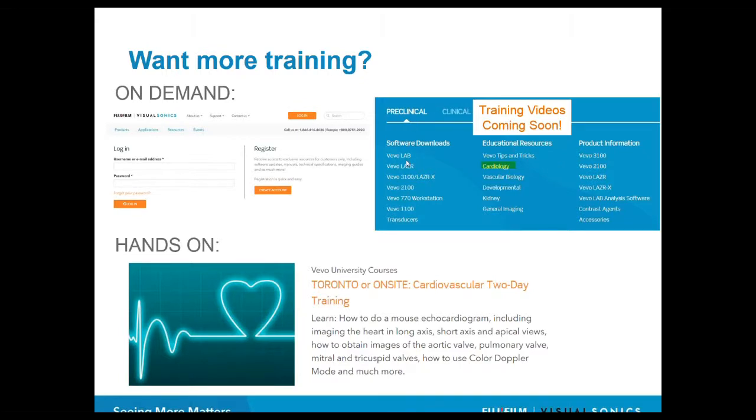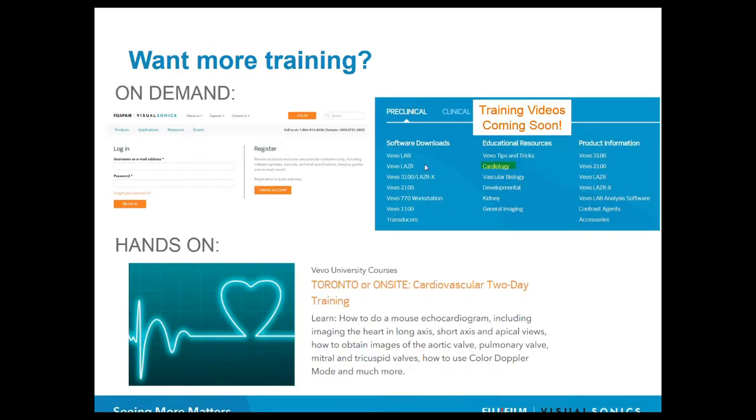Another thing that's very useful on our website is software downloads. Kelly did mention the Vevo Lab software, making sure that your Vevo Lab software is up to date, so that if you are a strain user or are going to be a strain user, you can access the most recent version. We always post the most recent versions of our software on the website, and those are available to download for Vevo customers at no charge.